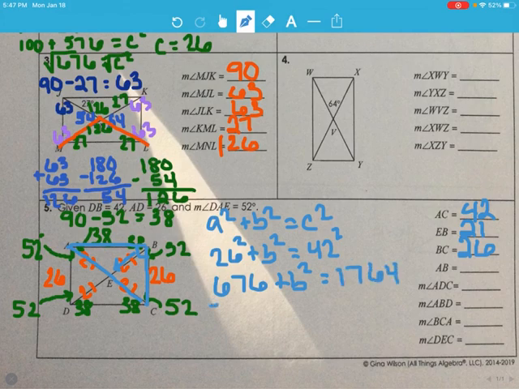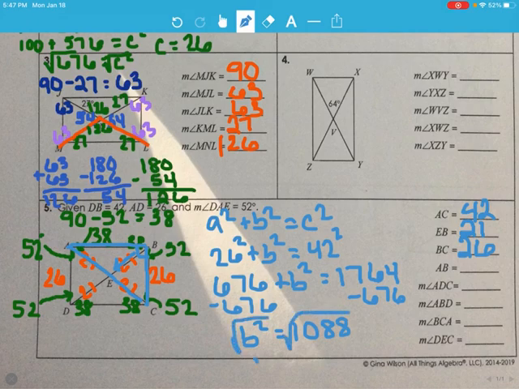1,764. Move our 676. We get b squared equals 1,088. And our last step to get b by itself is to get rid of that squared. So I'm going to take a square root of both sides. And b will equal approximately, it says 32.98, so I'm just going to call that 33.